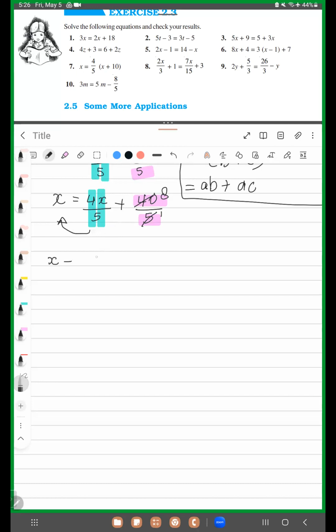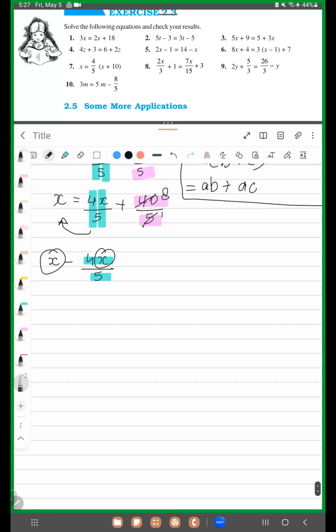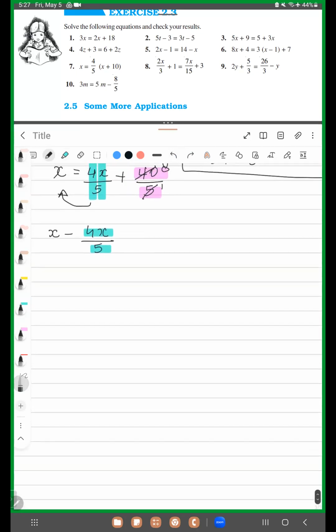X minus 4x by 5. Why can't we send 8 to the other side? हिबा, हमें like terms को एक साथ करना होता है ना? Oh yeah, sorry. Like terms मतलब यहाँ पे x है, यहाँ पे x है. So we need to make sure that the x is together with its family. Okay.